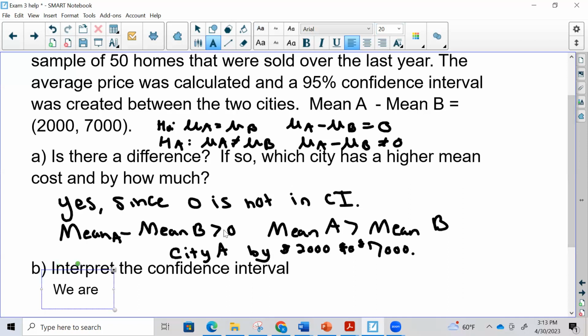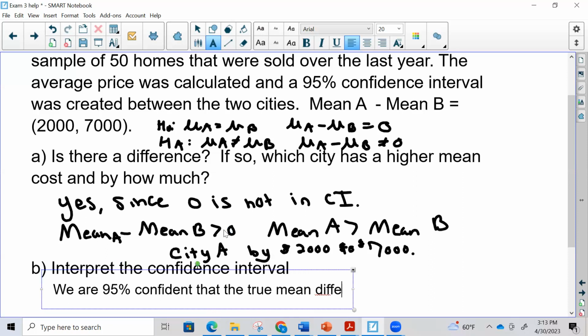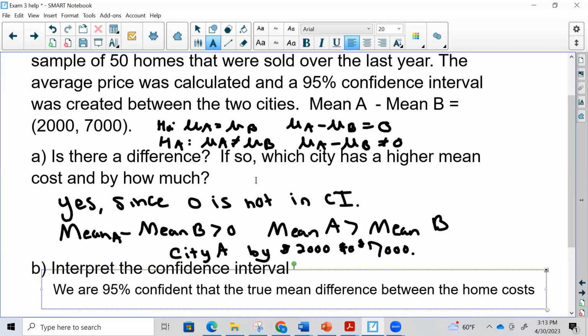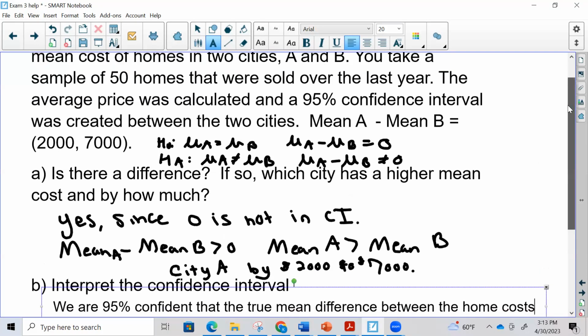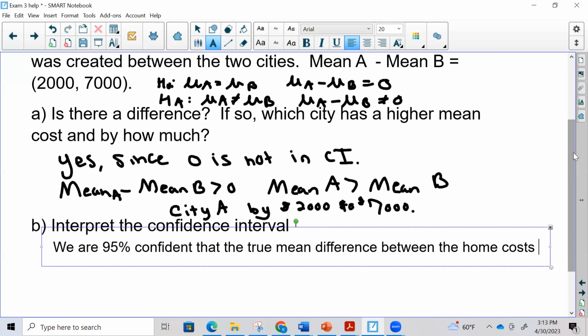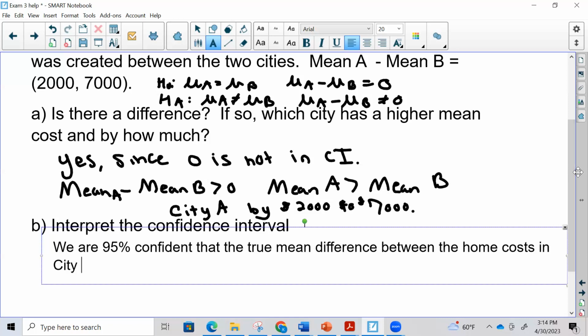So we are 95% confident that the true mean difference between the home costs in city A and city B is between $2,000 and $7,000.